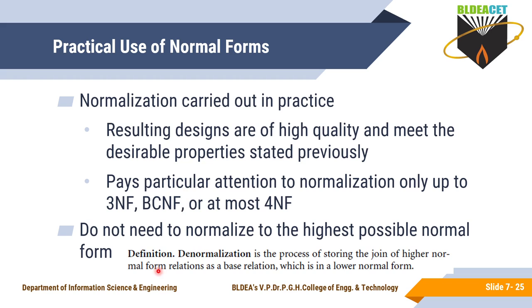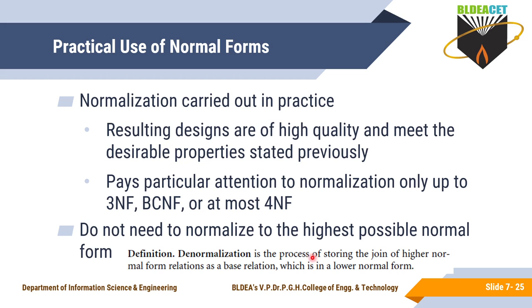Okay, so next is denormalization. It is the process of storing the join of higher normal form relations as a base relation, which is in a lower normal form. It is the reverse of normalization.